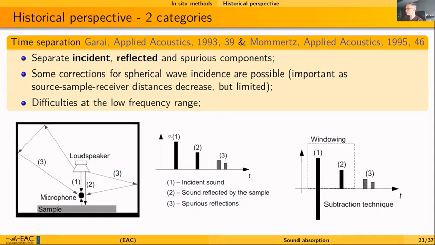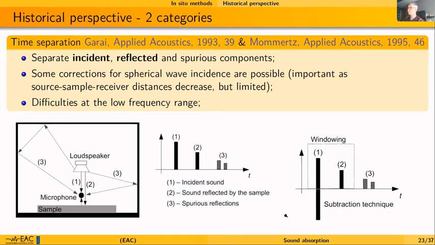We subtract the free field scenario from the in situ scenario, and then you remove the incident sound field and end up with the reflected sound field from the sample. Then you can window this to exclude the spurious reflections, so you have a separation of the reflected and the incident, and then you can compute the reflection coefficient.